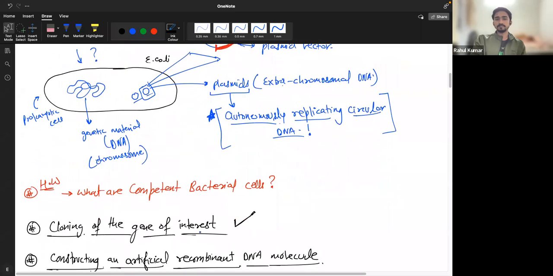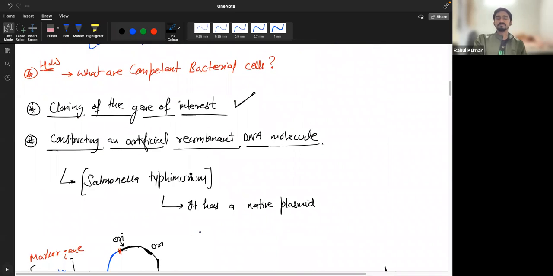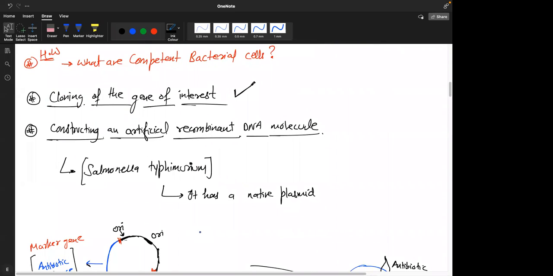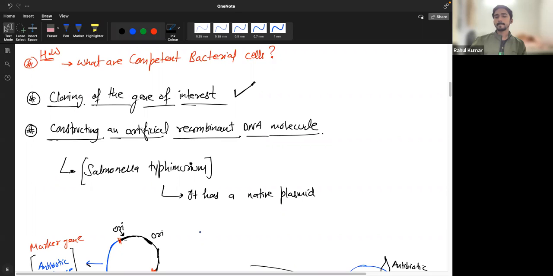Yes, then we discussed cloning of our gene of interest. To clone a specific gene of our interest, a gene sequence, it has to be incorporated into the chromosomes of the host cell, because only the chromosome has the ability to replicate due to the presence of an origin of replication. But then how do plasmids replicate?